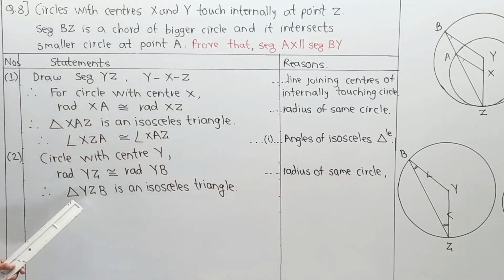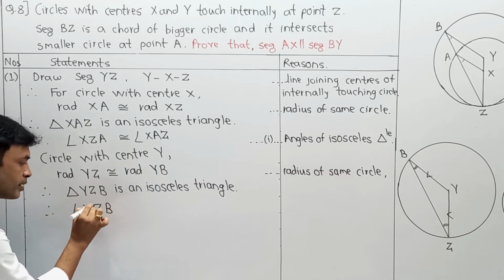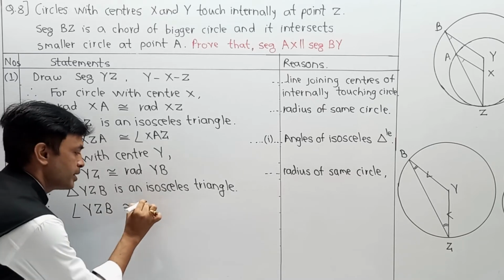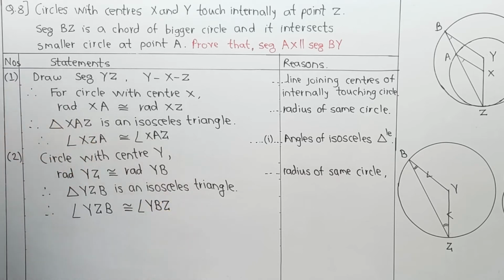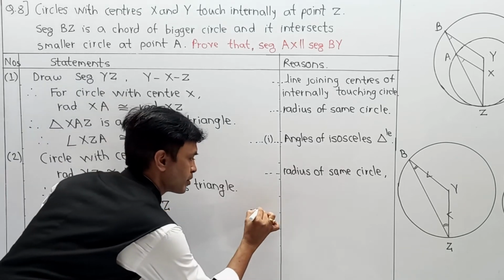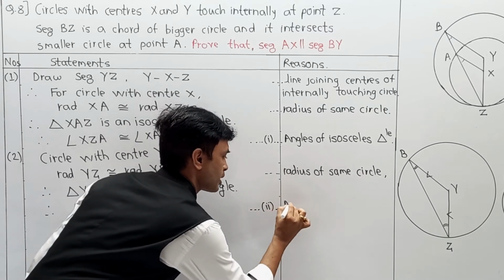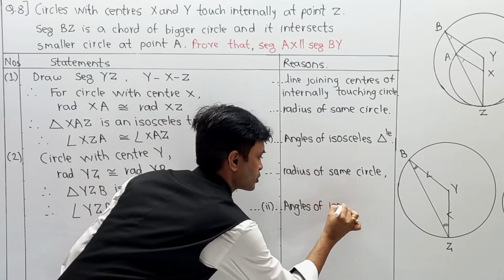As we have declared YZB as an isosceles triangle, naturally you can say that angle YZB is congruent with angle YBZ. And again I am going to give it as equation number 2, and the reason is angles of isosceles triangle.